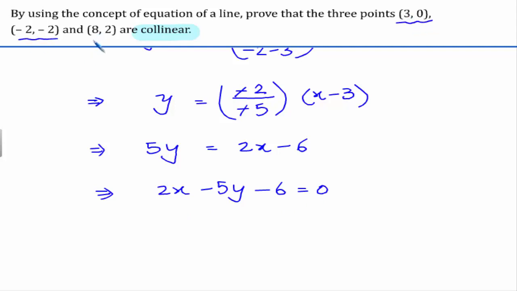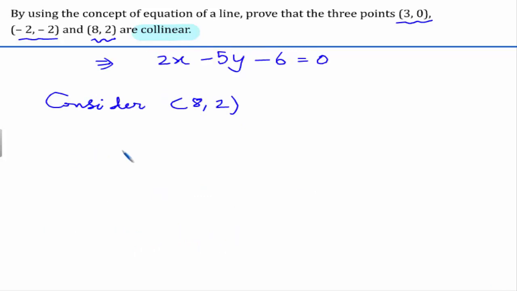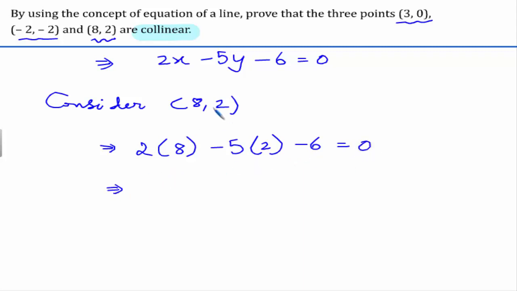Now let us consider the third point 8, 2 and substitute it into this equation. This is 2 into 8 minus 5 into 2 minus 6 is equal to 0. If we get 0 on the left side, then we will say that this point is also on the same line. 16 minus 10 minus 6 is 0. Here the left side is 0.